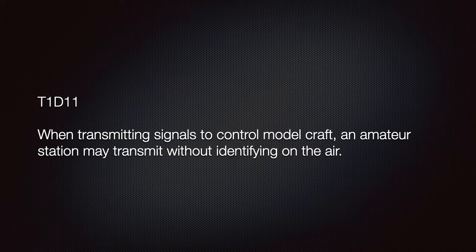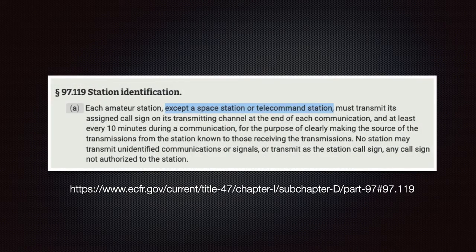Finally, we need to know that when transmitting signals to control model craft, an amateur station may transmit without identifying on the air. We get this information from Part 97.119, Station Identification.